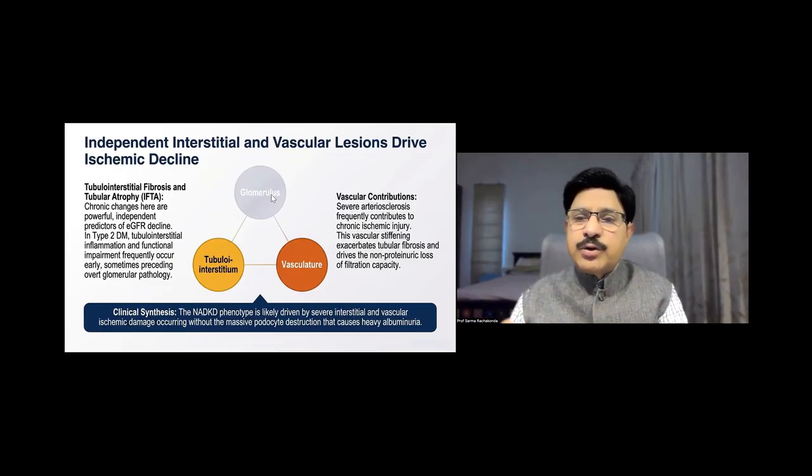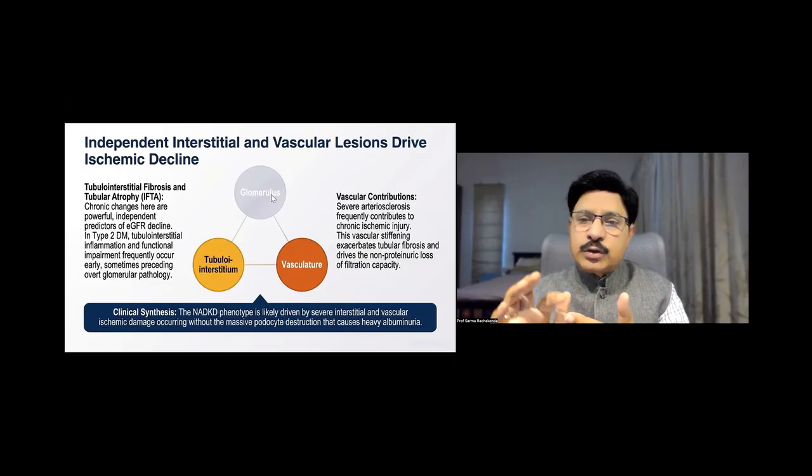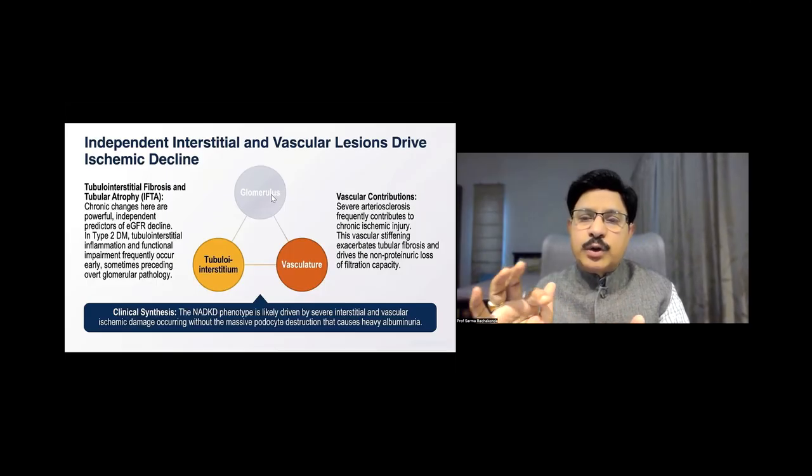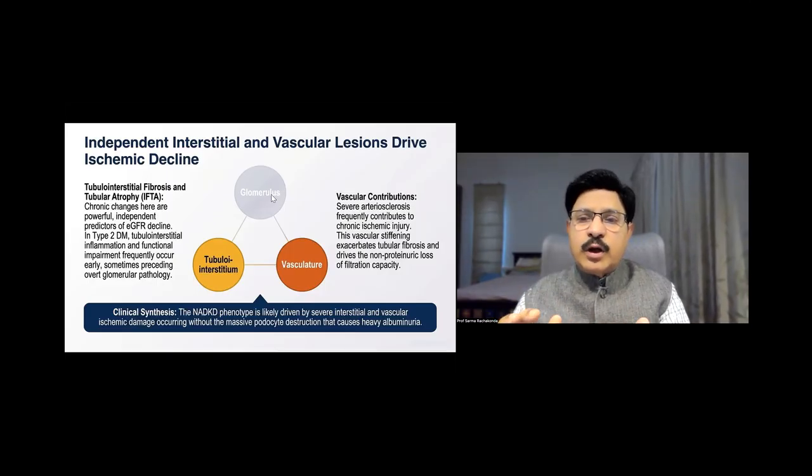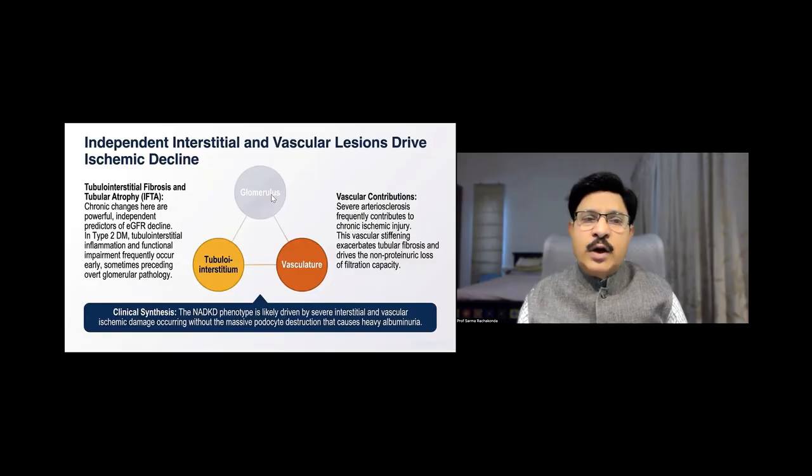What is the contribution of vascularity? Atherosclerosis frequently contributes to chronic ischemic injury, vascular stiffening exacerbates the tubular fibrosis, and drives the non-proteinuric loss of filtration capacity. Now you understand the pathology behind NA-DKD is tubulointerstitial fibrosis, tubular atrophy, and severe arteriosclerotic vascular contribution.